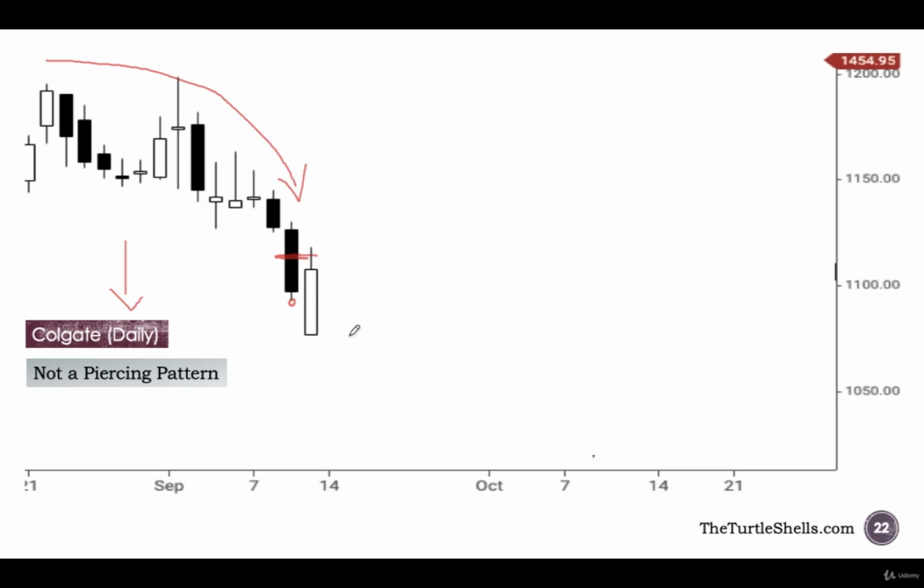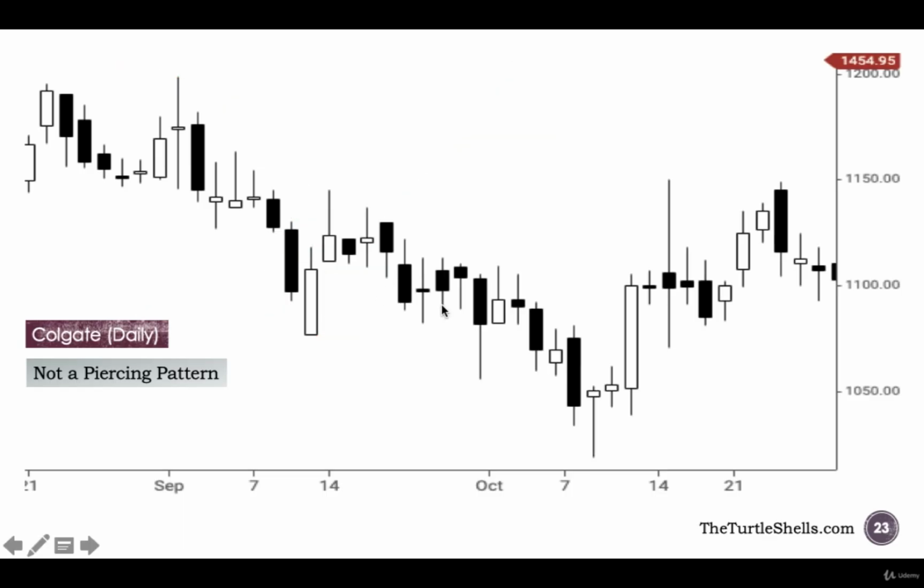So if we take a long position here thinking that it's a piercing pattern because it looks like a piercing pattern, then we can keep our stop loss here and expect the market to go up. That is a wrong trade to take because in the first place, it is not a piercing pattern at all. So if you would have taken a long position here, see what would have happened. Your stop loss would have been hit.